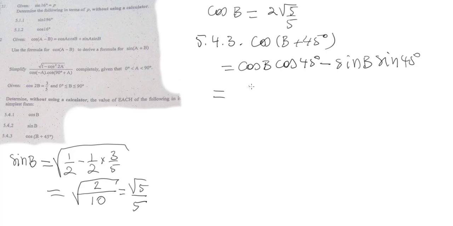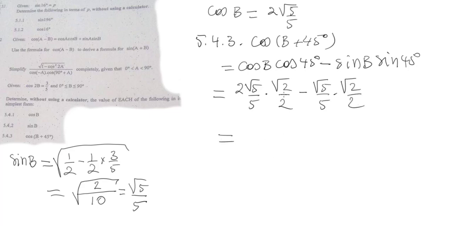We have cos b, which is 2 root 5 over 5. Cos 45 is root 2 over 2. Sin b is root 5 over 5. Sin 45 is root 2 over 2.